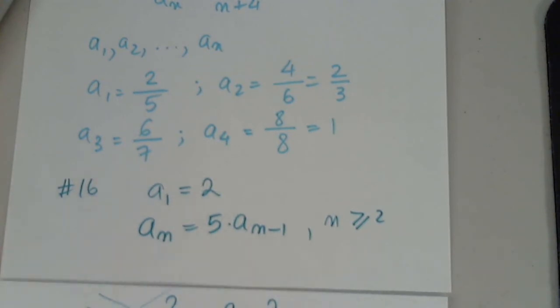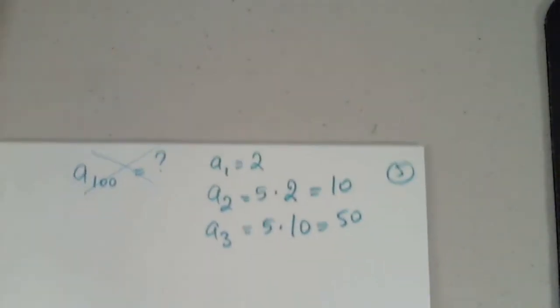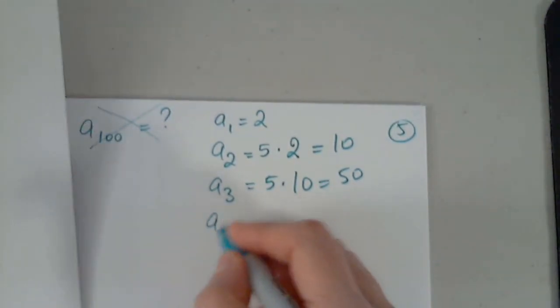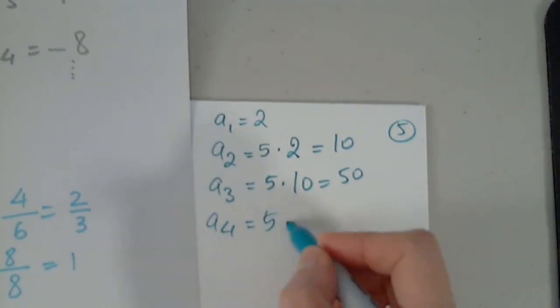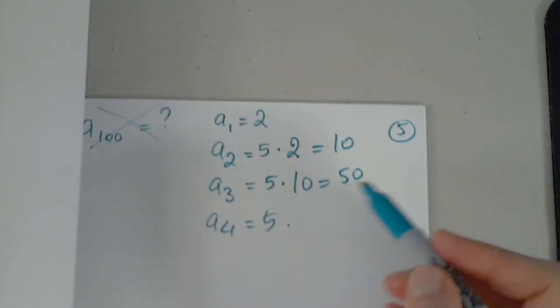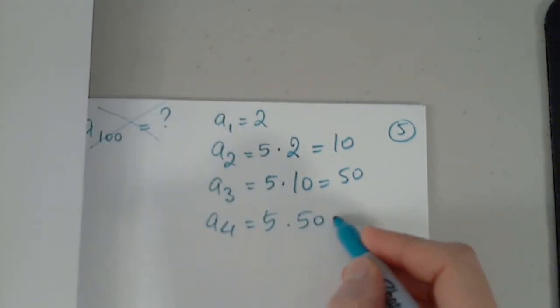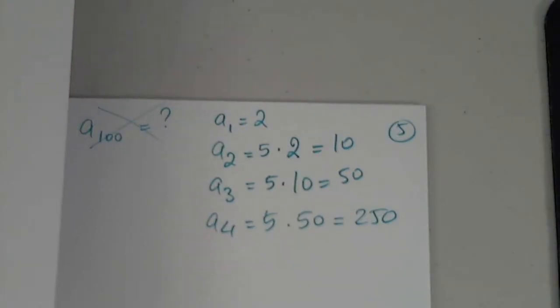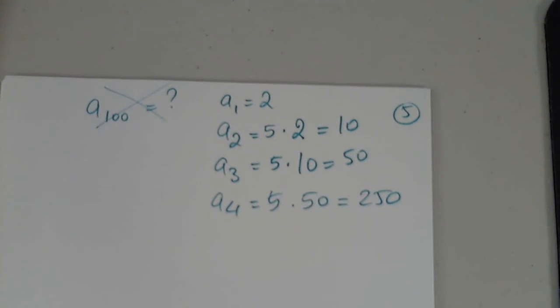So this is then 50. And finally, A sub 4 is 5 multiplied by the previous term of the sequence. The previous term was 50, so this is 250. So that's how we use the recursion formula given to us.